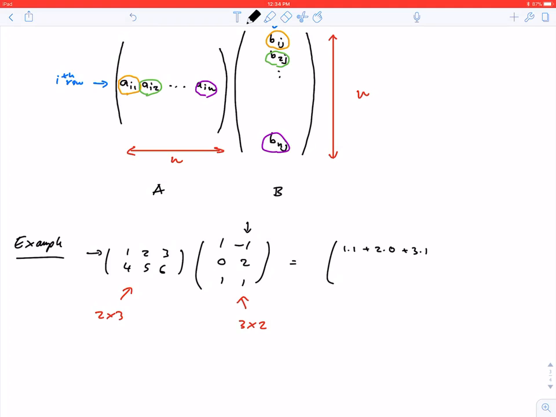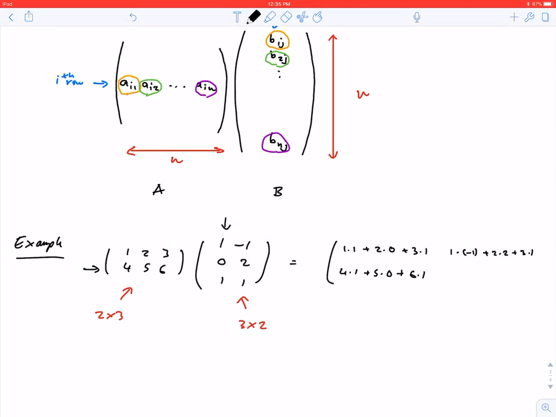So then it's 1 times minus 1, plus 2 times 2, plus 3 times 1 again. Then I'm going to move back to this position, and move the row down to there. 4 times 1 plus 5 times 0 plus 6 times 1.